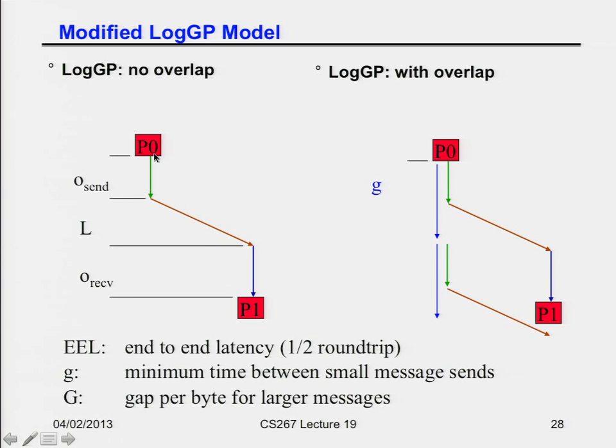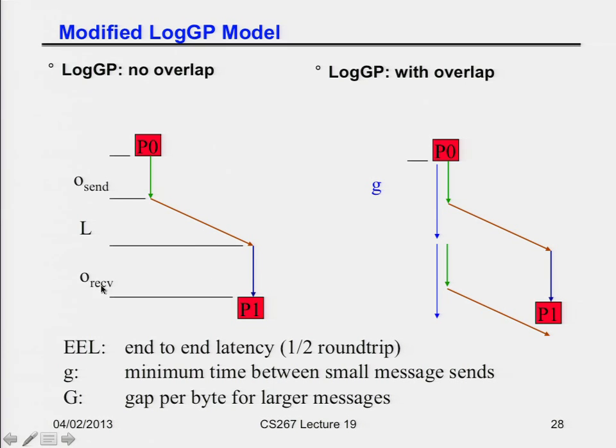What processor 0 needs to do is pack up a message. For that period of time, there's some overhead to pack up the message to send it. So he's busy there. Then he's freed up, but now we have the network latency. During this next bit of time, neither processor is busy, but the message is off traversing the network. There's other hardware taking care of it. Finally, it arrives at processor 1, and then processor 1 is going to be busy for a while.